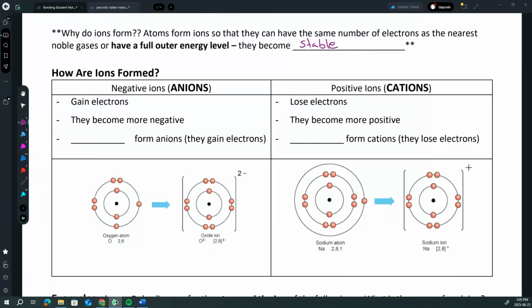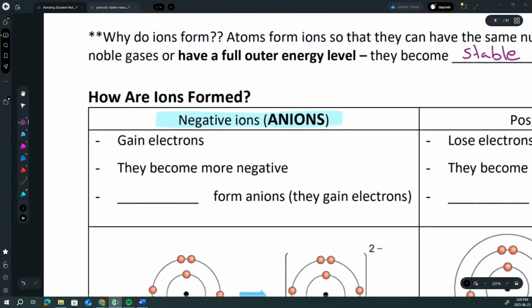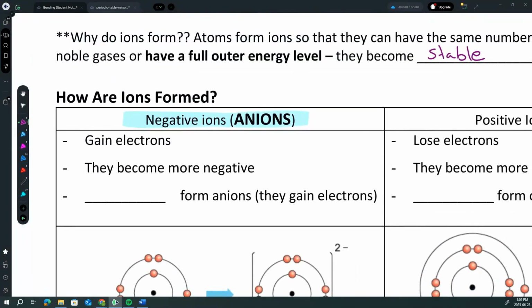So how are ions formed? Let's first talk about anions. Those are your negative ions. Again, you need to know this terminology. Anions are going to form by gaining electrons. Remember that electrons have a negative charge, so if you gain electrons, you are going to become negative.